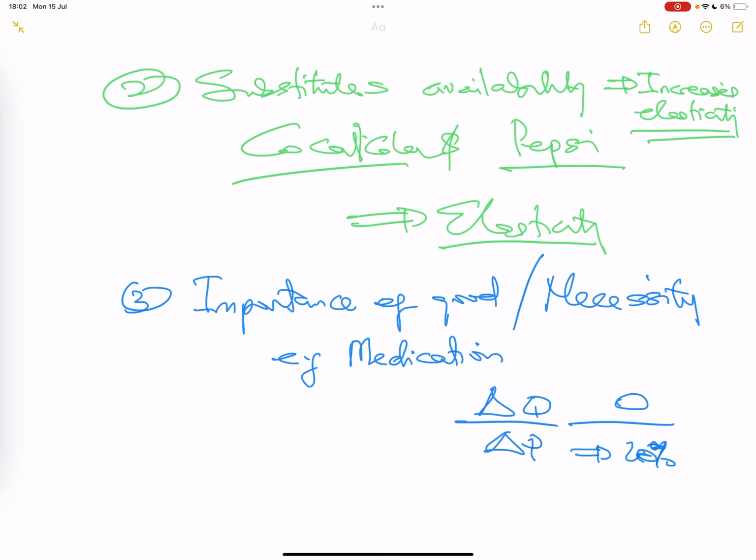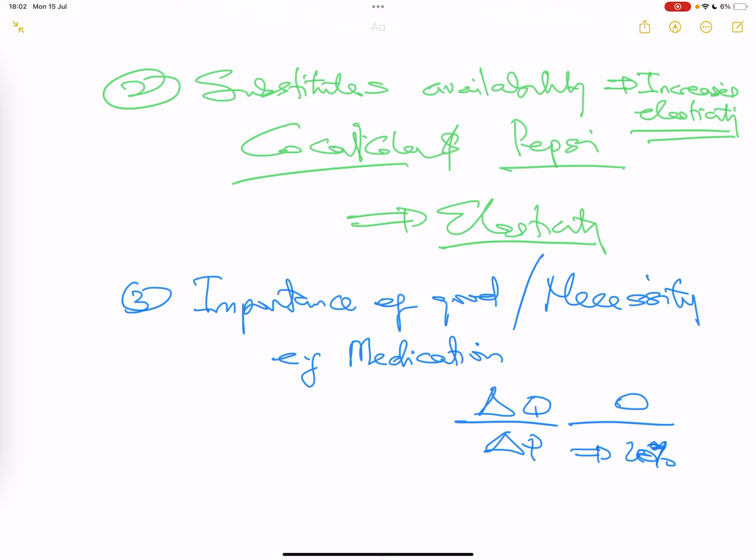And in that case, the upper will be lower than the lower part here. So in your mathematics, once you have a lower numerator, the outcome will always be less than 1, and that tends toward inelasticity, because it means that the change is not huge. It's a small change, not a significant change. So importance makes goods very inelastic.